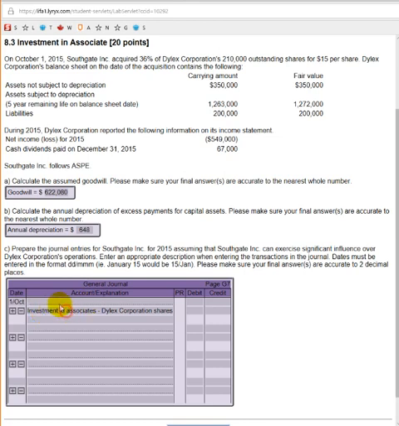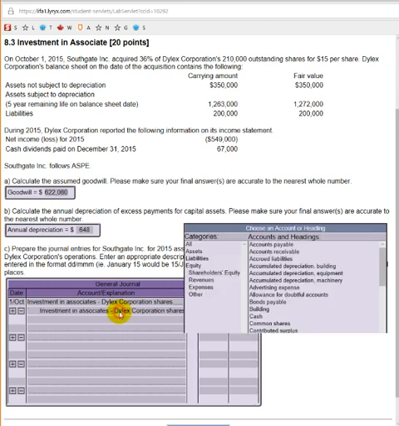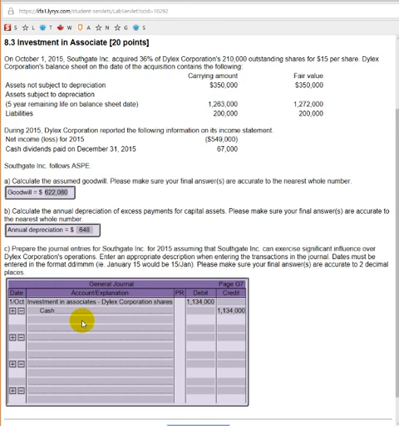I don't know why that went down there. Put it back up there where it belongs. We paid $15 a share times 210,000 shares times 36% of them. 1,134,000. And of course that's the amount of cash we paid. So let's stick some cash over here. There we go. And this is the purchase amount.